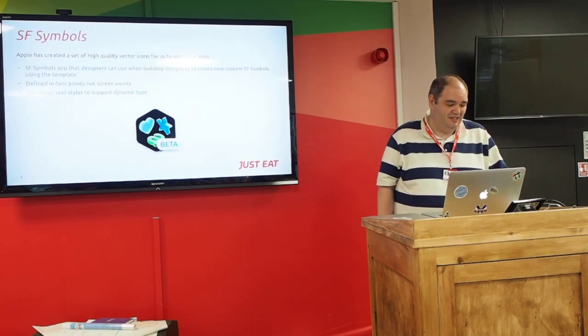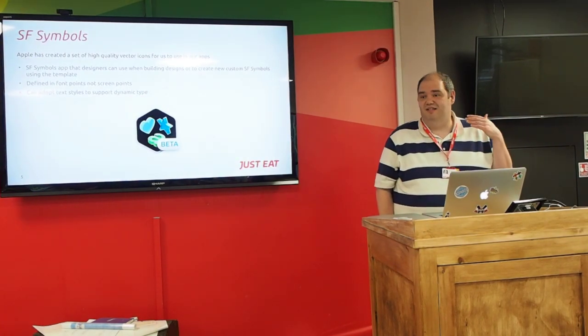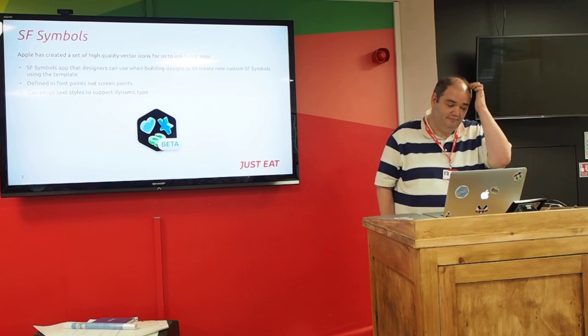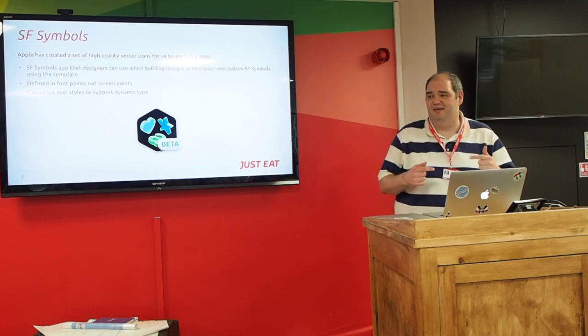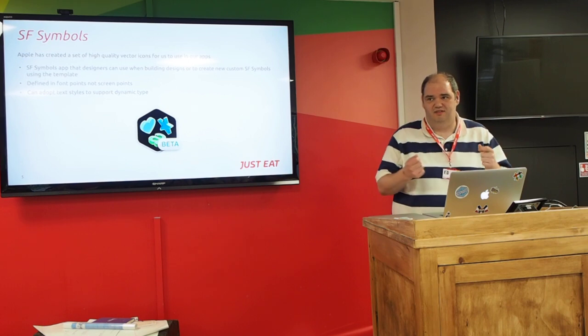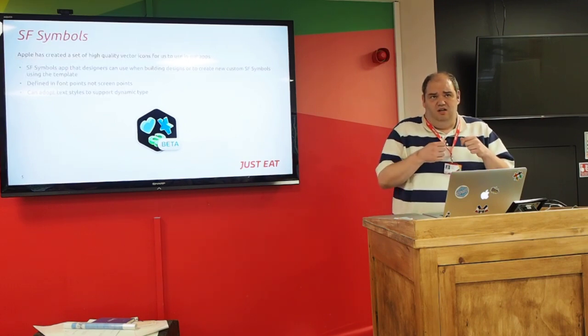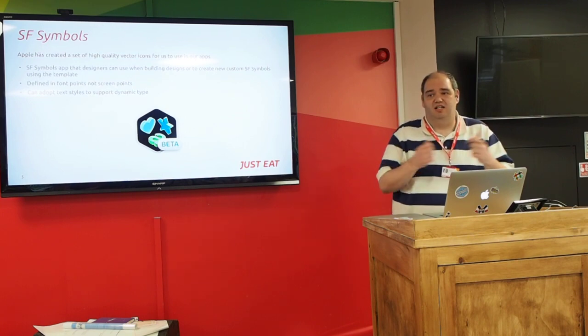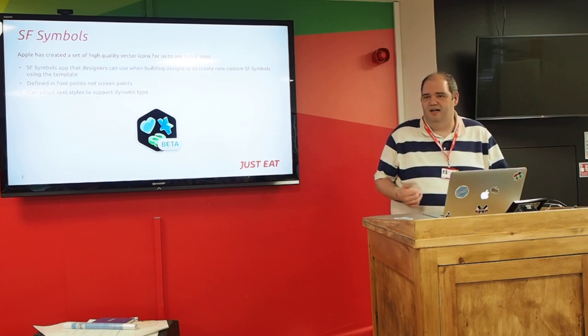So SF symbols. Like I said, it's a high quality set of vector icons that you can use in your app. And the important thing to note about them is that you define them in font points rather than on screen points. So you don't actually just ask for a 32 by 32 image, you ask for a 17 point icon.